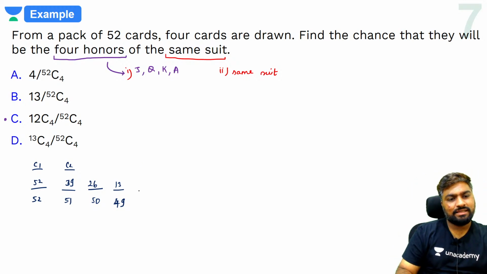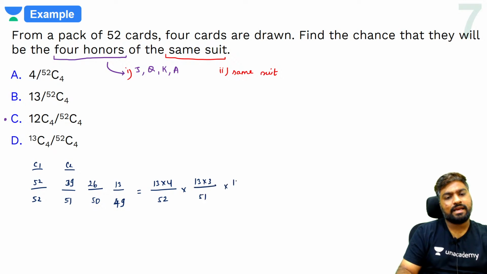So 52 can be written as 13 into 4. 39 can be written as 13 into 3. 26 can be written as 13 into 2, and 13 can be written as 13 into 1.